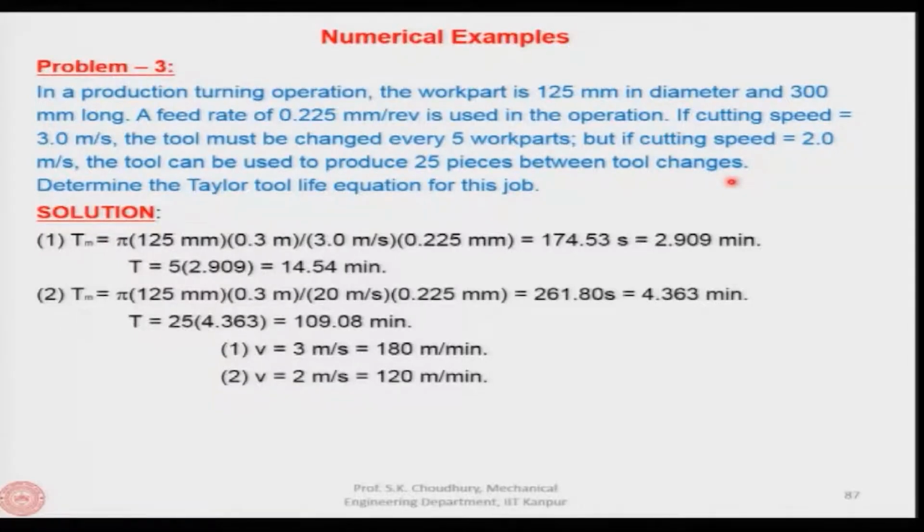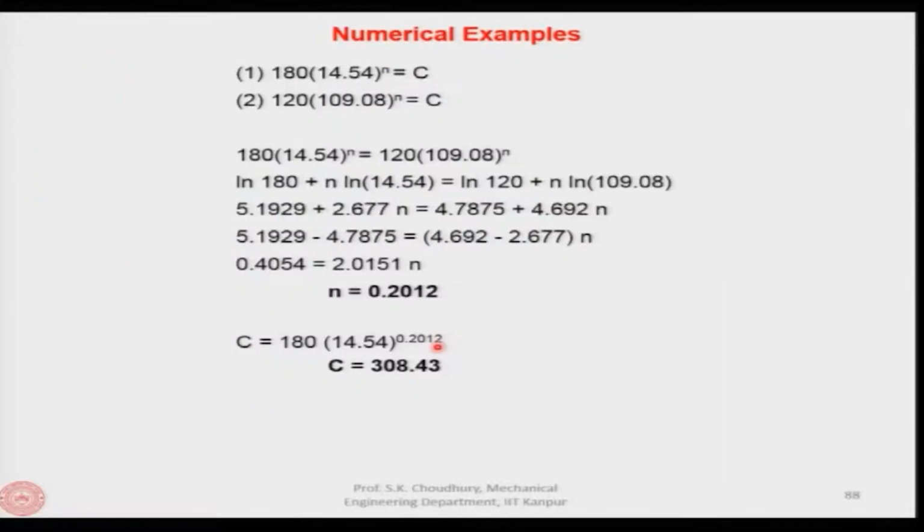So, you have to find out the T here, okay, you are converting that into the minute, find out, and then for the second case you also find out the T. Now, the V is given, convert it to meter per minute, because as I said V has to be in meter per minute, and then you put it in the Taylor's tool life equation with the V and T known.